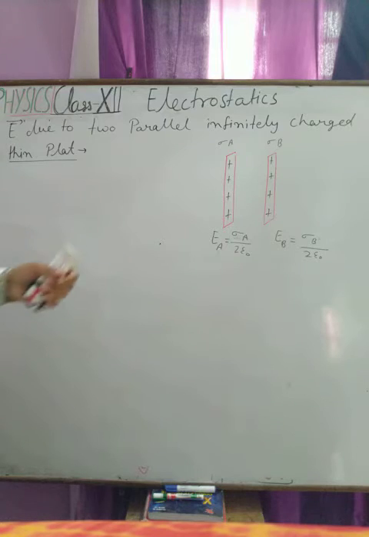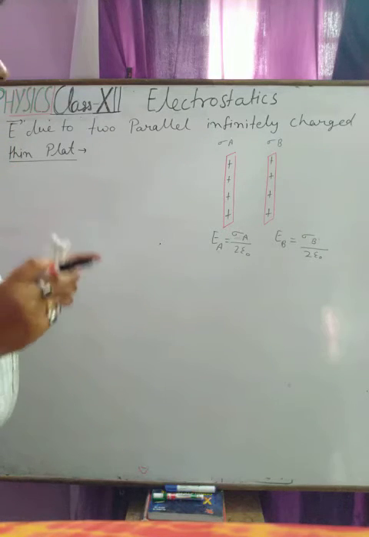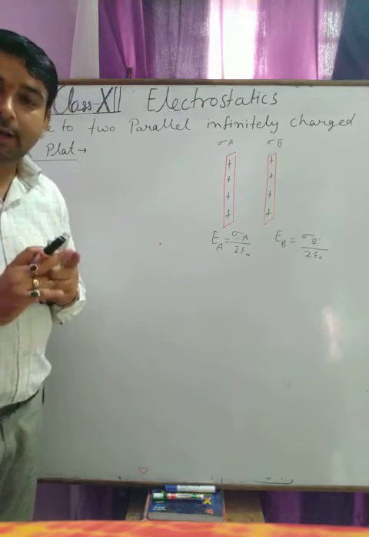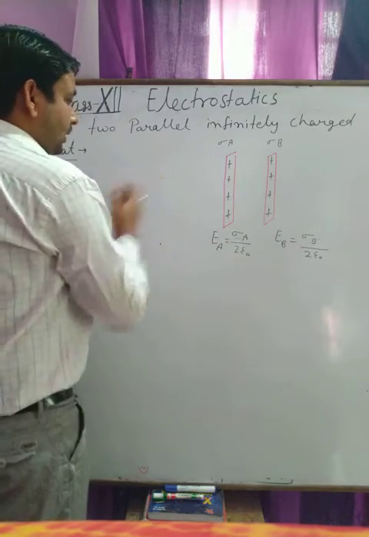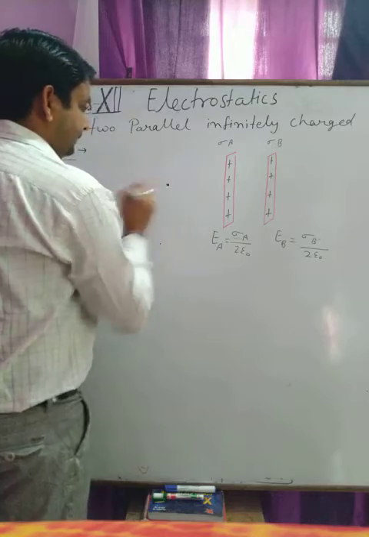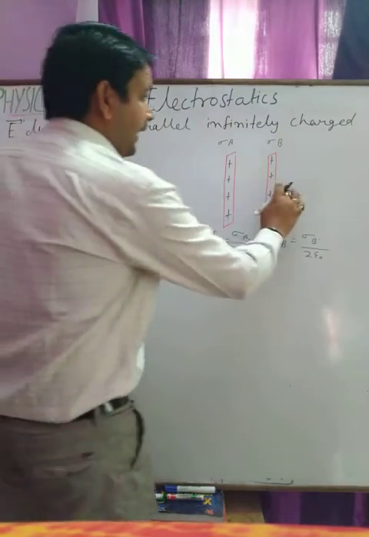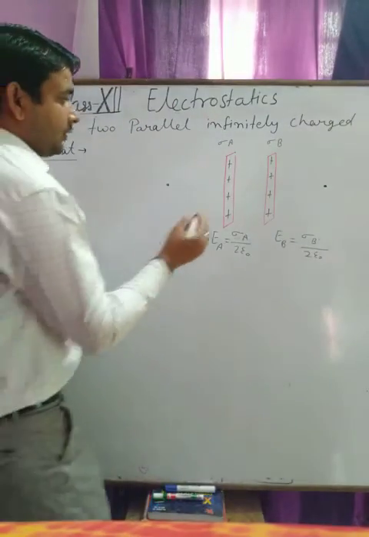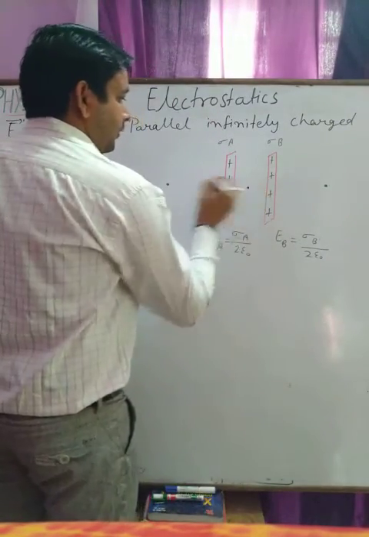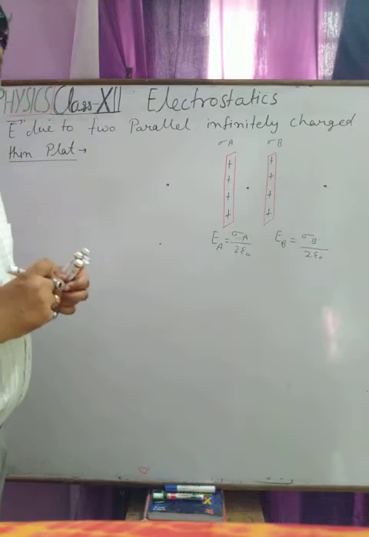Now for these two plates the electric field can be calculated at 3 points: one to the left of plate A, one to the right of plate B, and one in between the two plates. Now we find the condition.